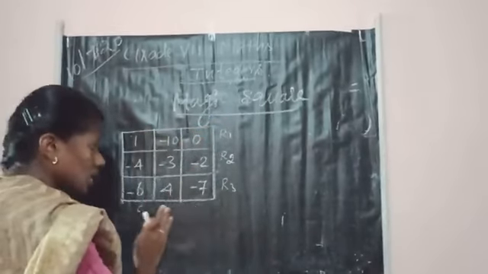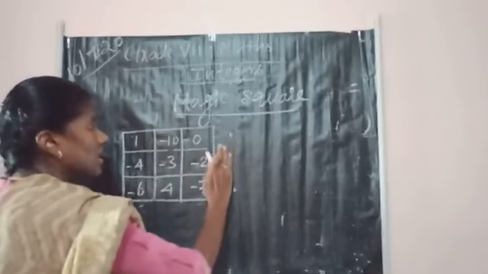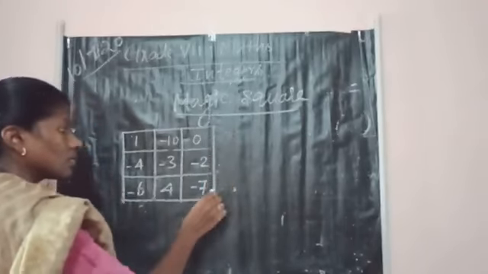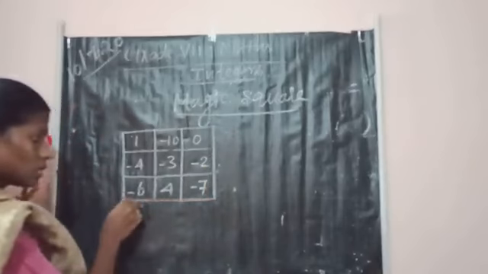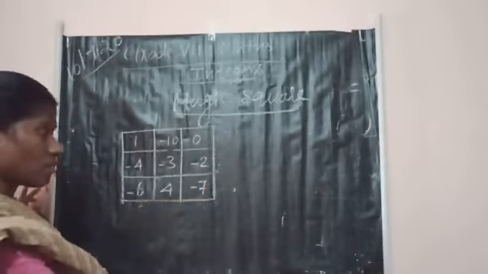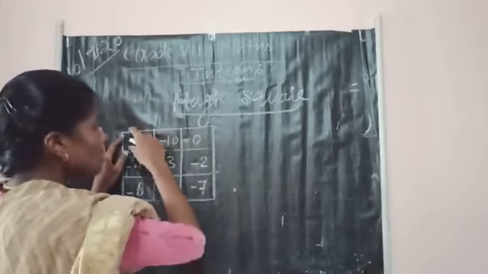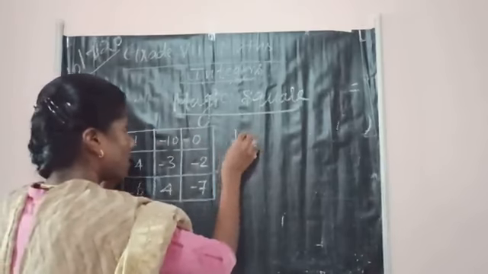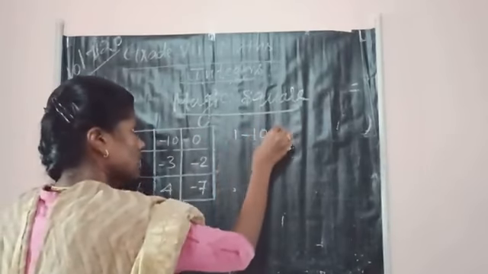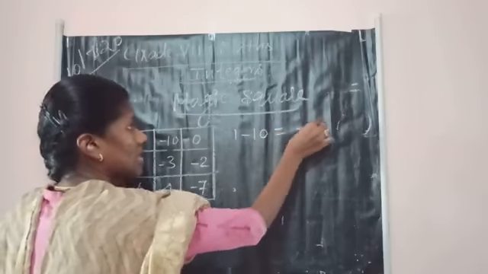Now I am going to check whether, when you add these rows, columns, and diagonals, you get the same value. First I am going to add the rows. The first row is 1 minus 10, which is minus 9.